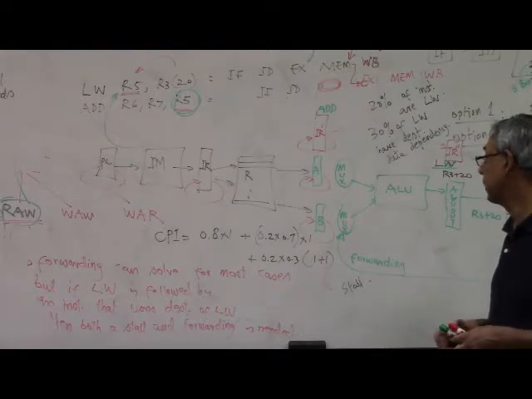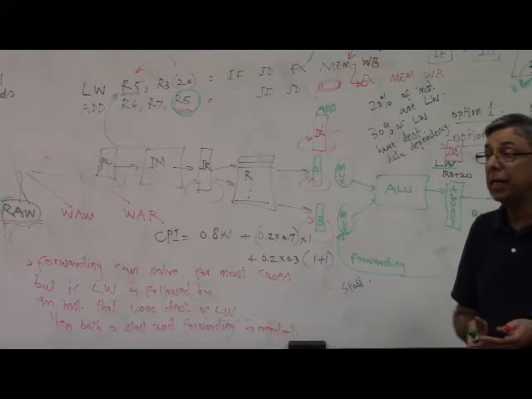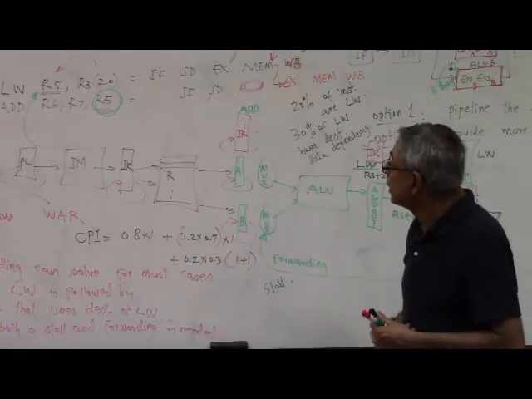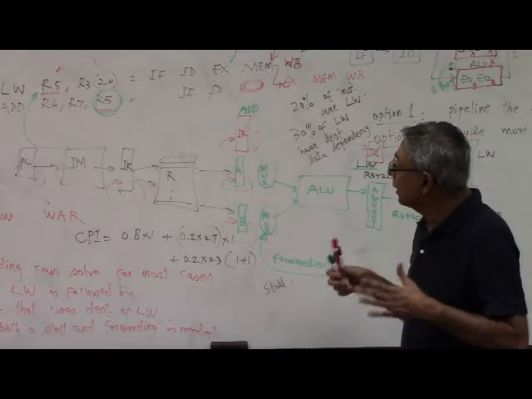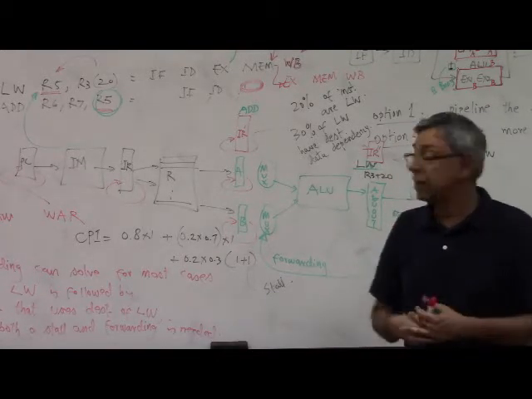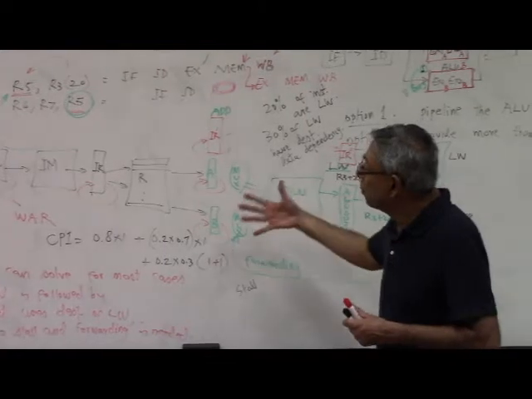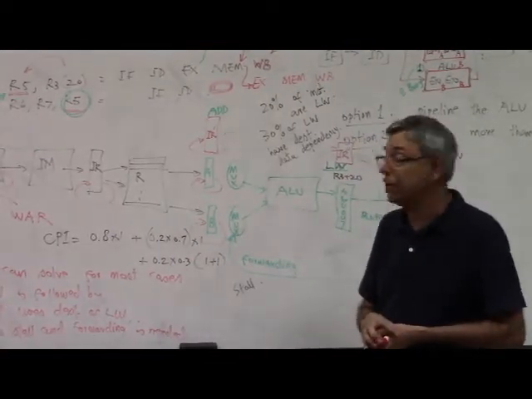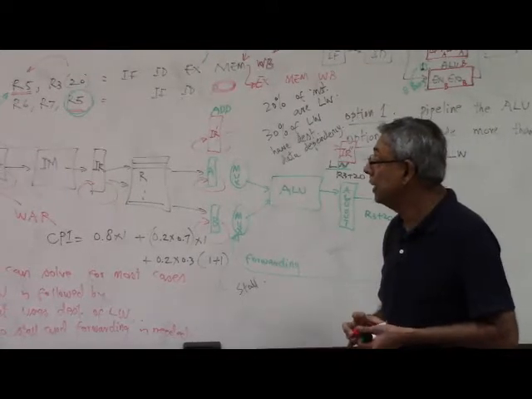So whatever number comes out to, that will be our effective CPI. So we can always make a quick estimate of should we provide more hardware and what performance effect will it have on our current architecture, right?